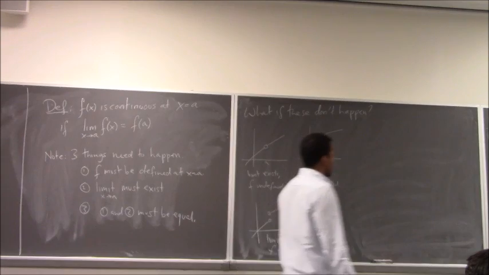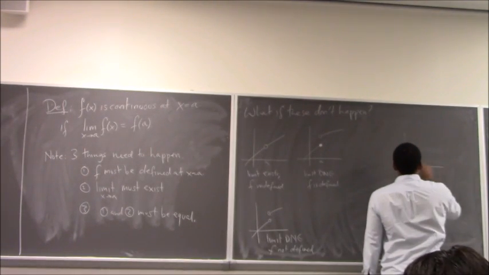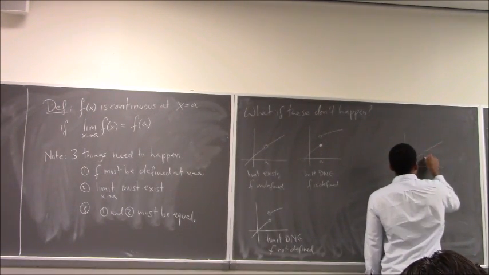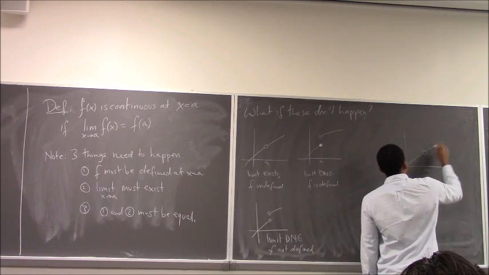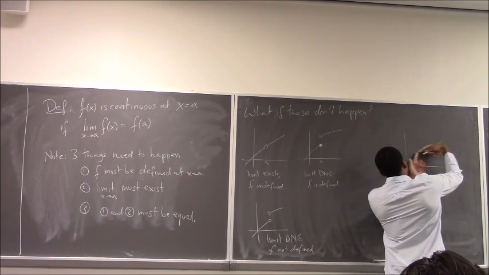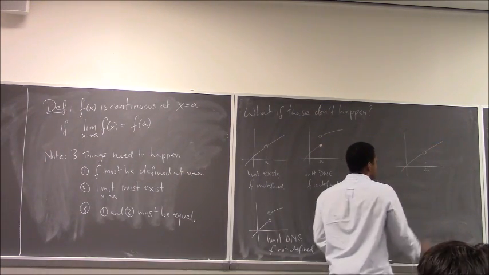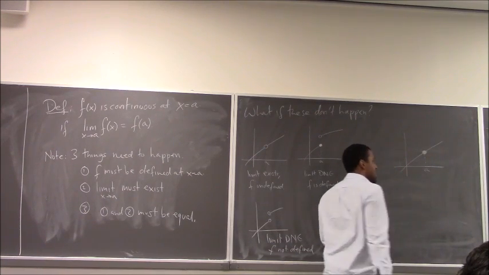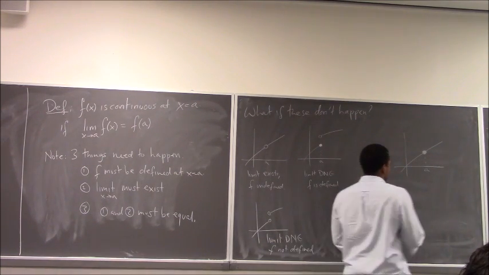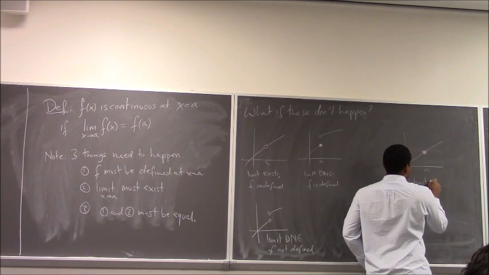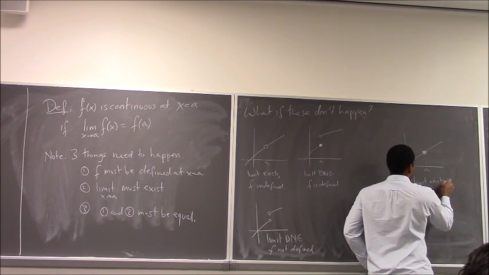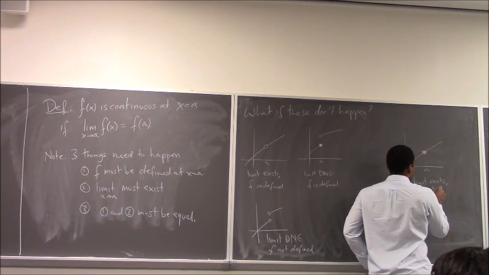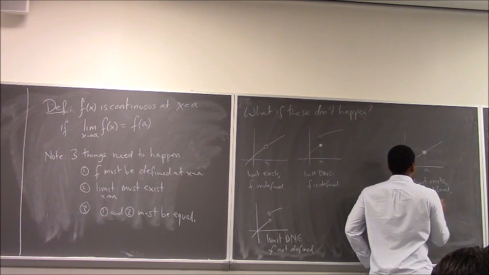However, once your limit exists at the point a, meaning you're coming from the left and the right side and they give you the same answer, and at the same time the function output is exactly that same answer, here the limit exists, f is defined, and they are equal.